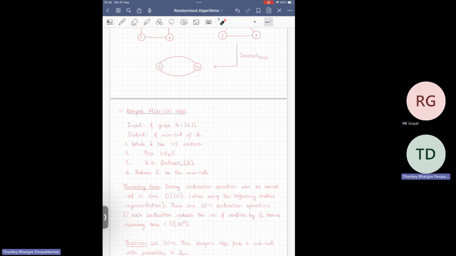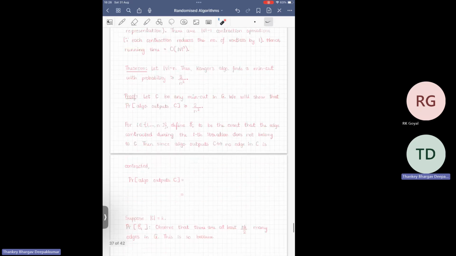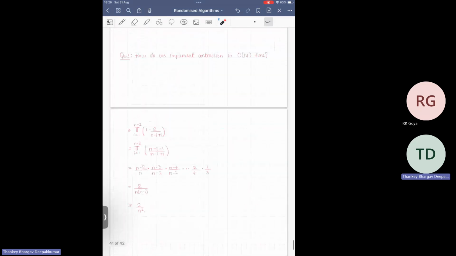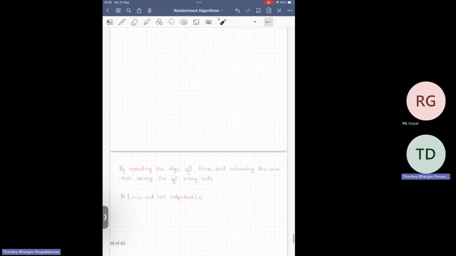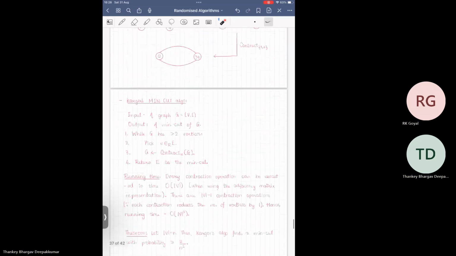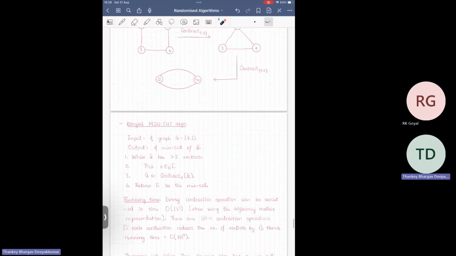That proof is about six pages long, so that's the proof that we'll see next time. It's not immediately clear why this is the min cut.